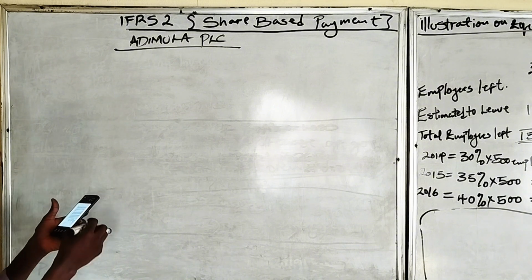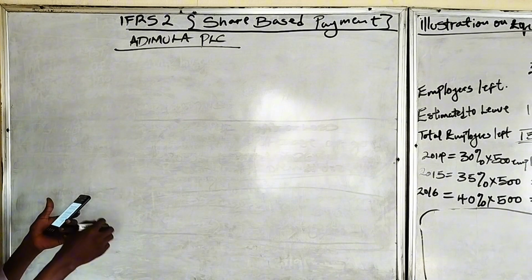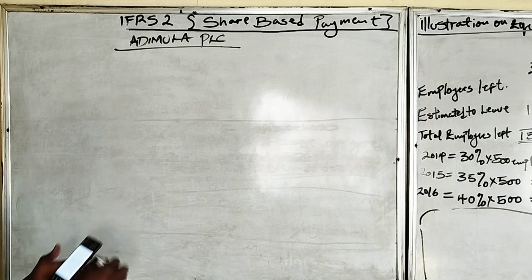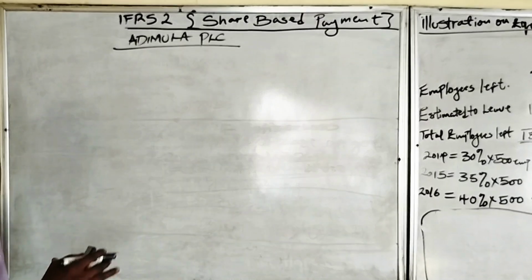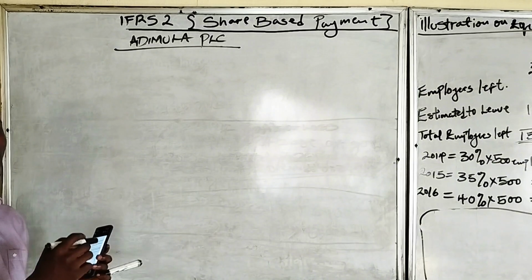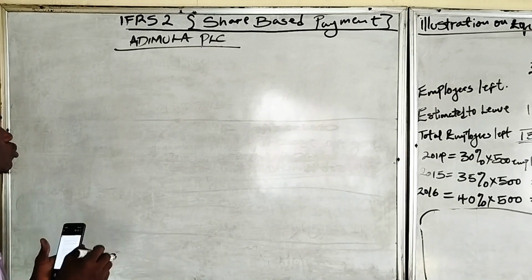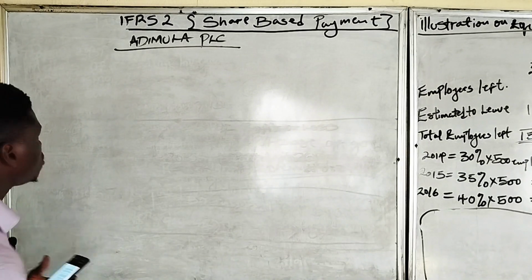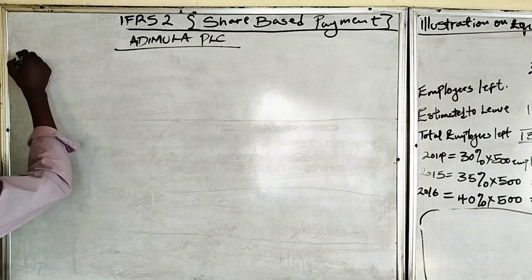So the number of employees whose interest is expected to vest and actually vested, those are the people that will be entitled to this share-based payment. Remember, it's a cash settlement.